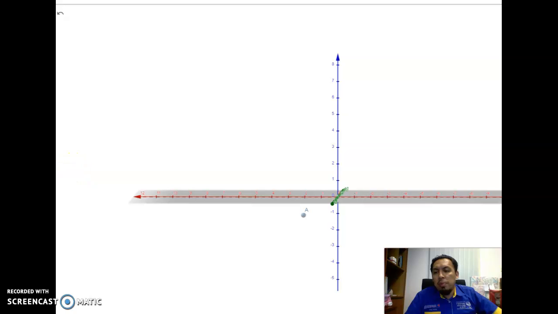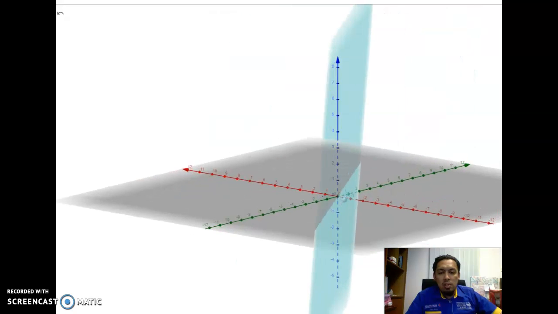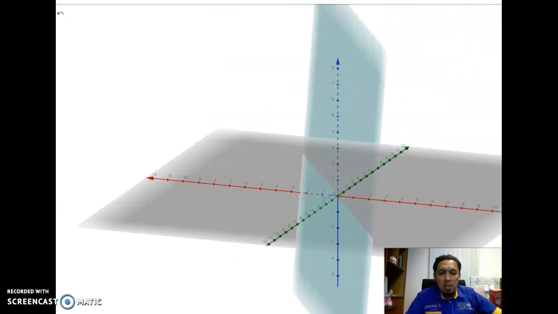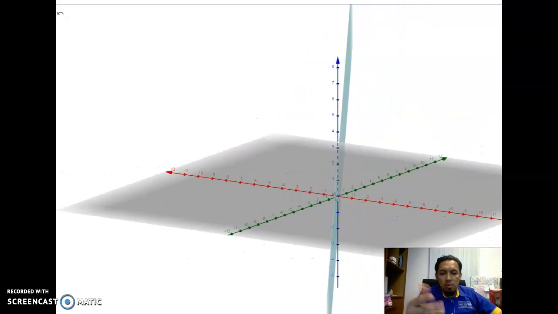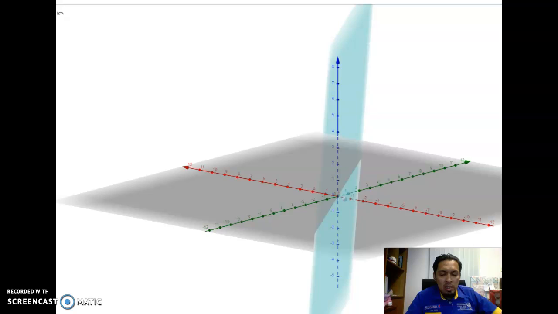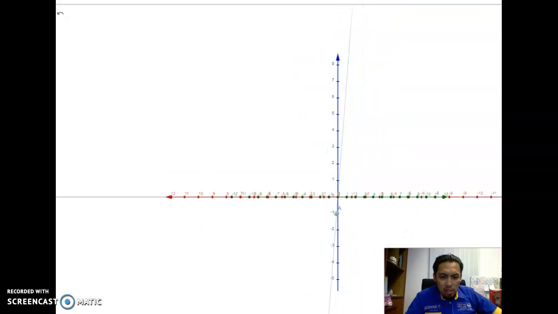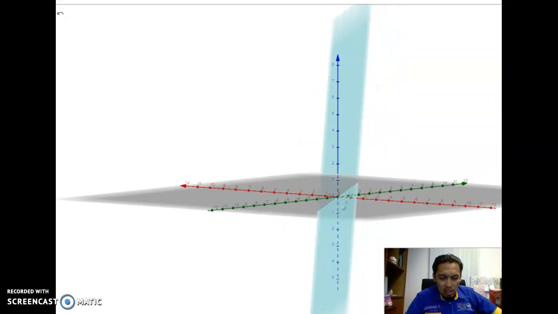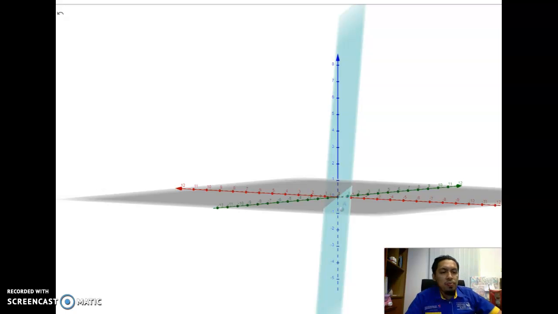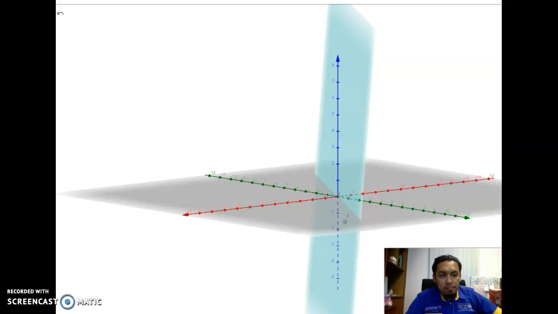So for example, I just put one plane here. As you can see, even though the tiltness is quite tilted, the A is actually in line with this plane.